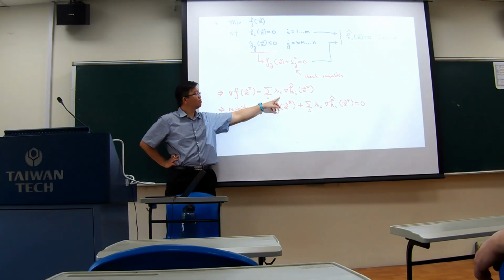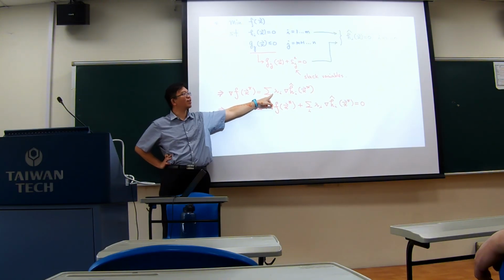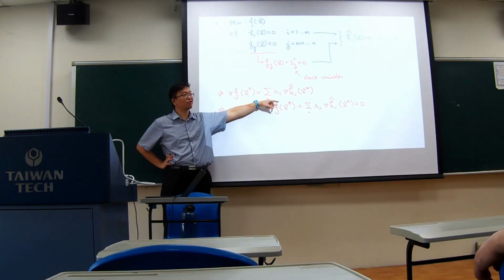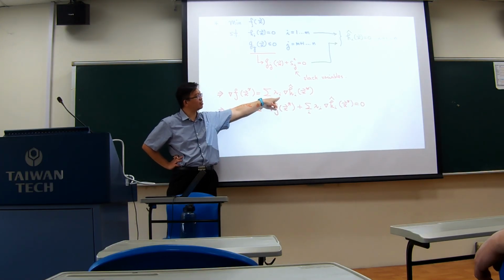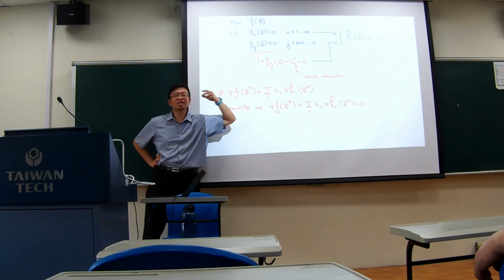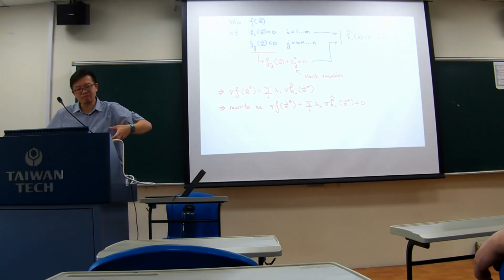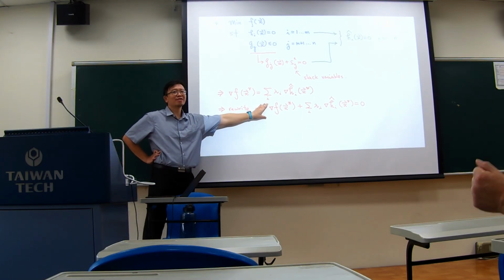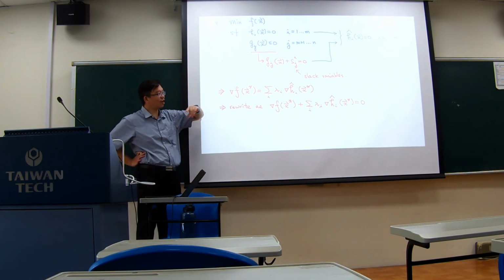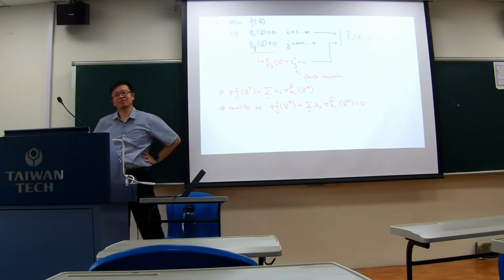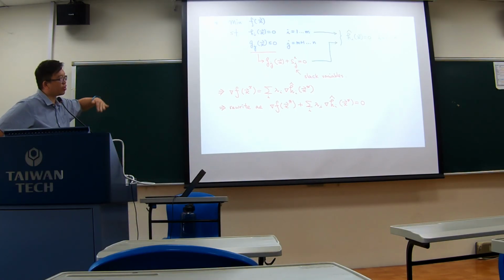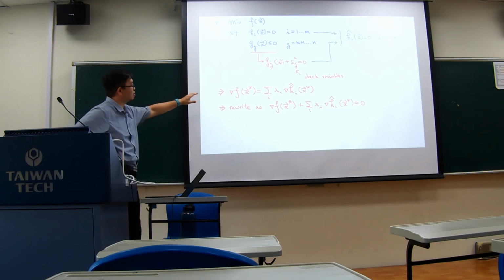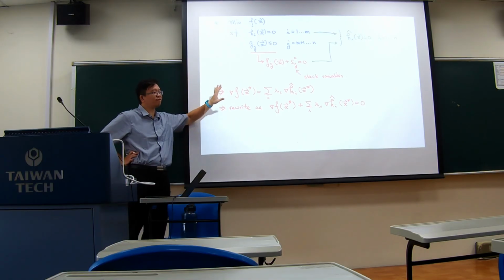Why can I do that? Because it doesn't matter what the Lagrangian multiplier is. From this to here, we just put a negative sign. So if originally it is a -1, then it becomes 1 here. It doesn't matter what the Lagrangian multiplier is, as long as this equation is satisfied, it confirms your point is optimal.